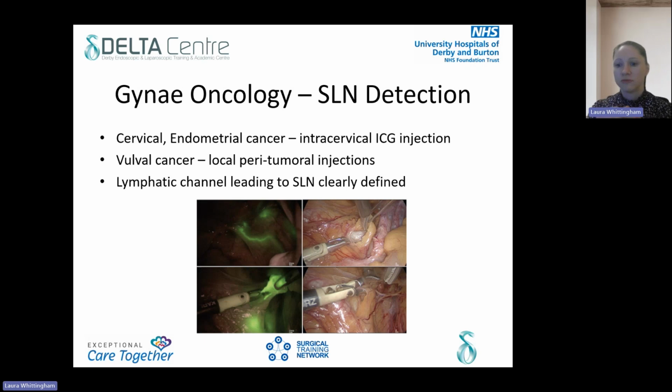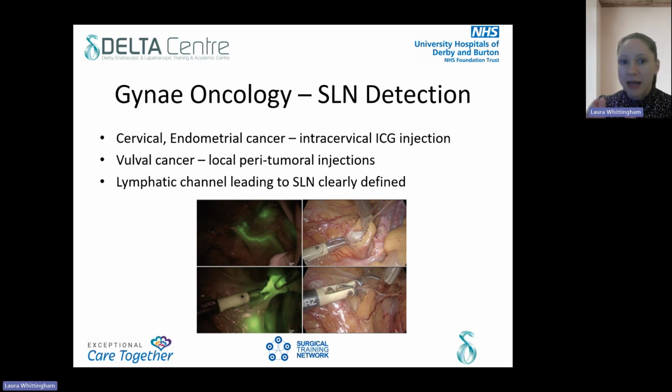And the next slides really just show a range of applications for ICG. I'm not aware that they're commonly or routinely used, but as the technology has been developed, it's coming more and more into play. So firstly, it's used within gynecology as part of sentinel lymph node detection.